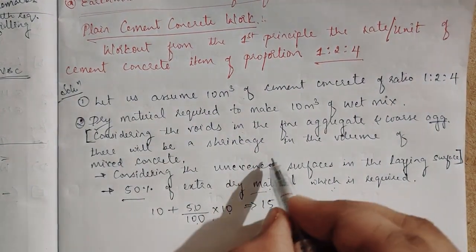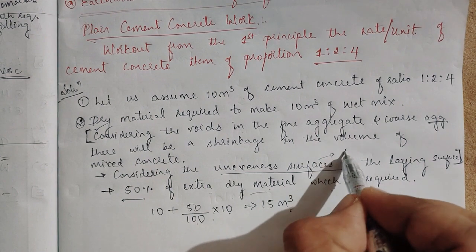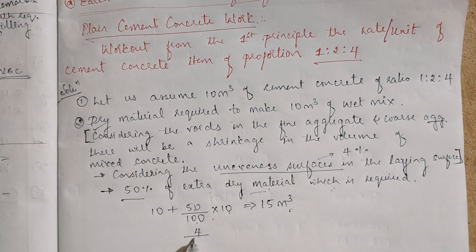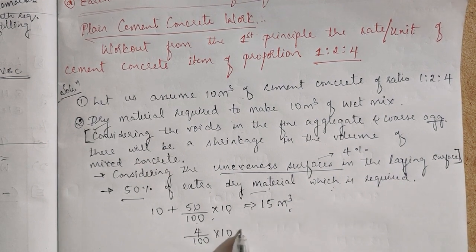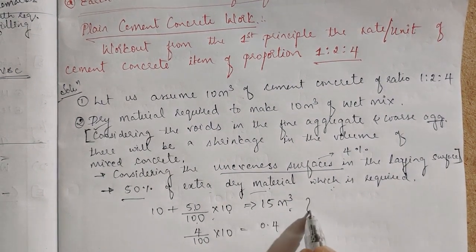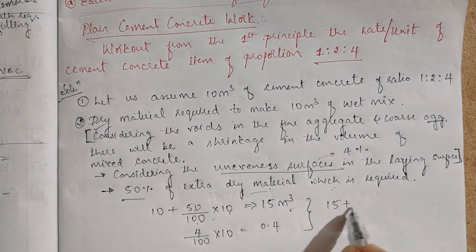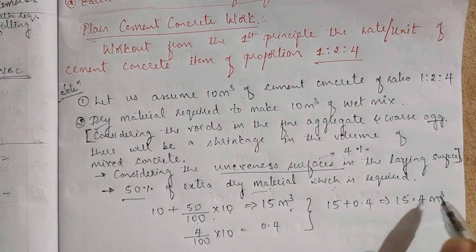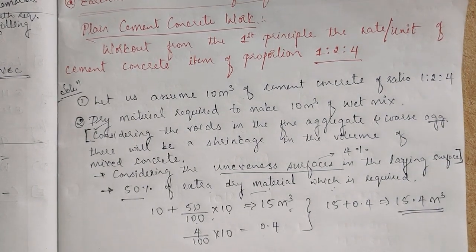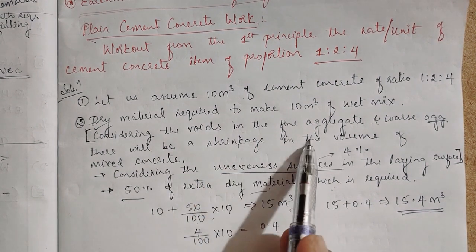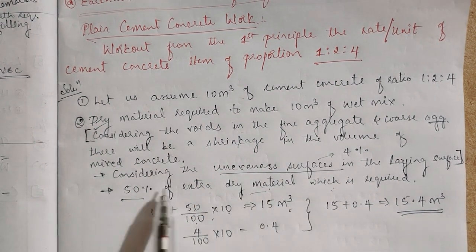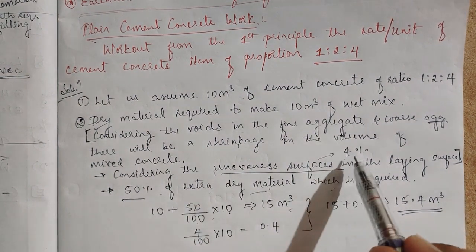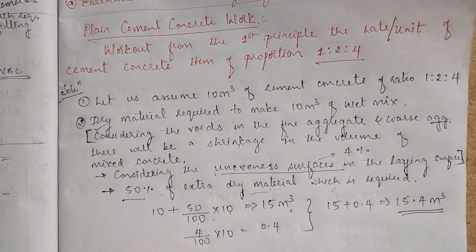For unevenness of the surface, we consider another 4% extra, that is 4 divided by 100 into 10, which is equal to 0.4. So when we add 15 plus 0.4, we will get 15.4 meter cube. For considering the voids in the fine aggregate and coarse aggregate, we took 50% extra dry material, and considering the unevenness of the surface, I took 4% of extra dry material.